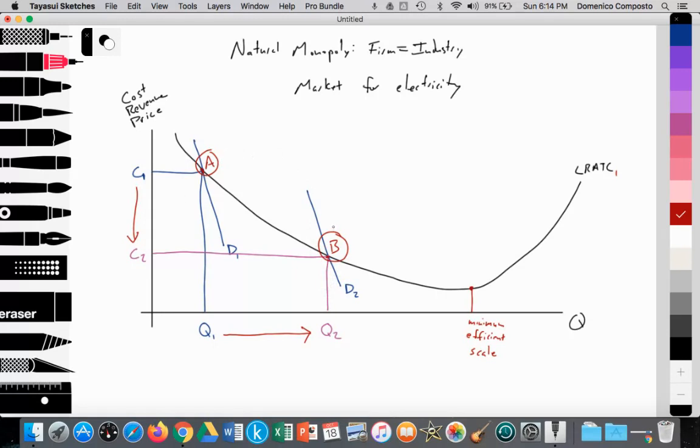This would be a type of aggressive tactic that the natural monopolist could use to keep the barriers of entry high and eliminate potential competitors. Build the economies of scale, and if a new entrant comes, they're going to have significantly higher costs of production, so the existing natural monopoly can lower price and eliminate their competition. All right? So those are some of the points that we would raise in an analysis of a natural monopoly.